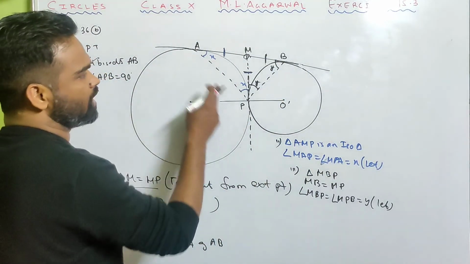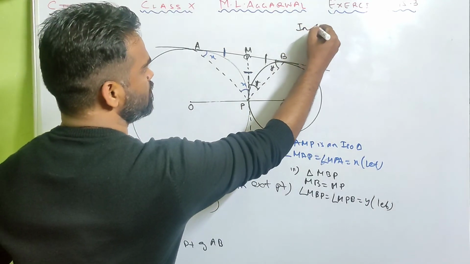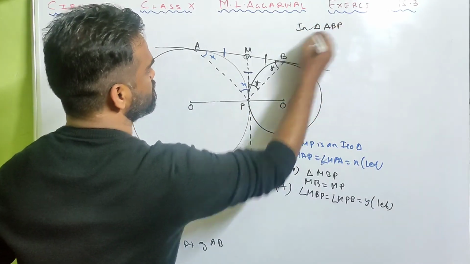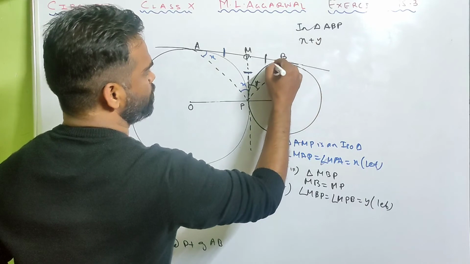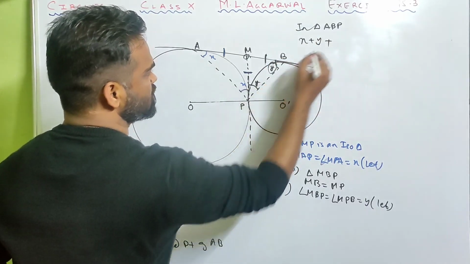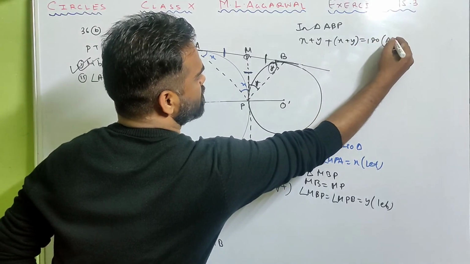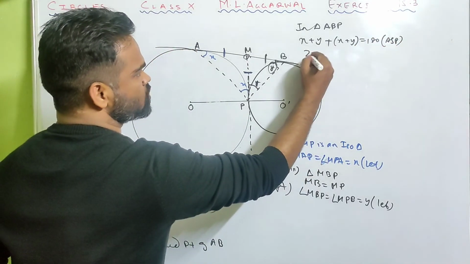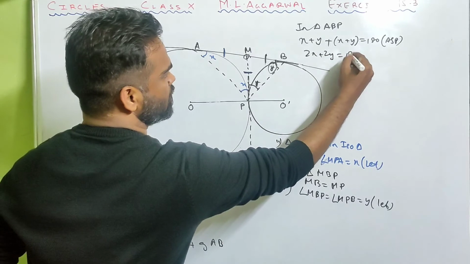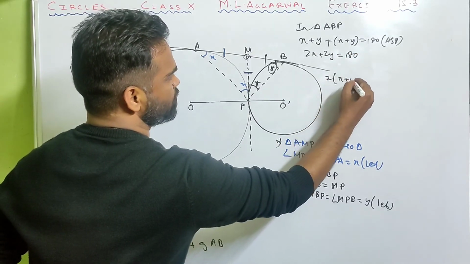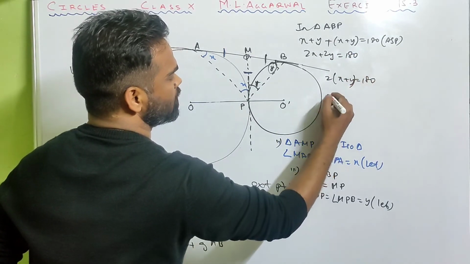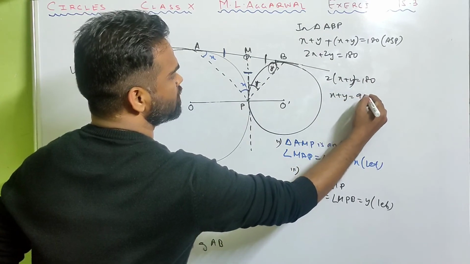Now look, in triangle ABP, X plus Y plus X plus Y will be equal to 180. Angle sum property, which means twice X plus twice Y equals 180. 2 taken common, X plus Y equals 90.